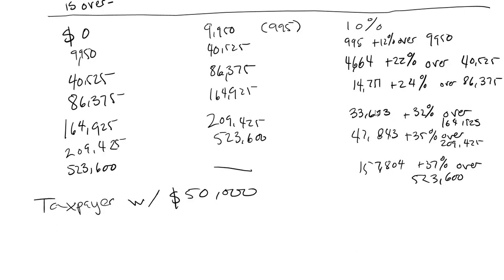Within this next band, we take the income, so they have 50,000, so it exceeds this band here of 40,525. We take this 40,525 and we subtract out the 9,950 that we've already paid taxes on, because remember up here we've already applied the 10%, 995. So I'm going to bring my calculator over so we can do this together.